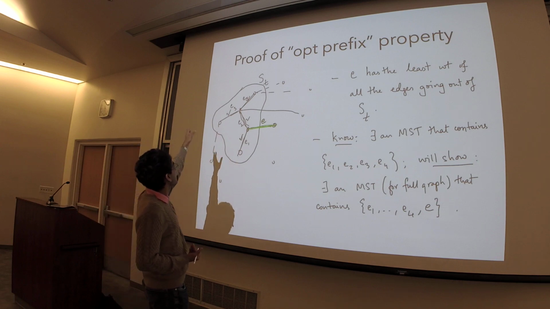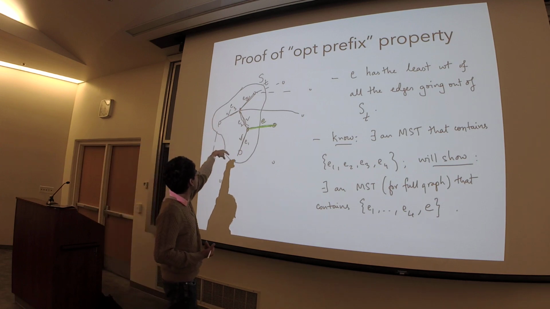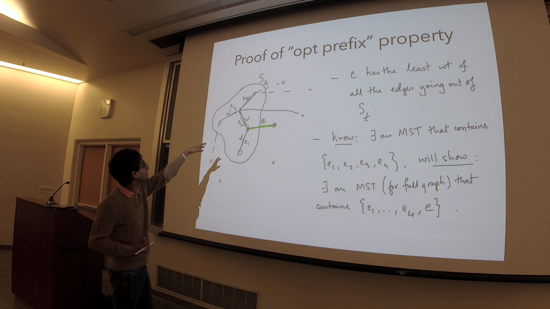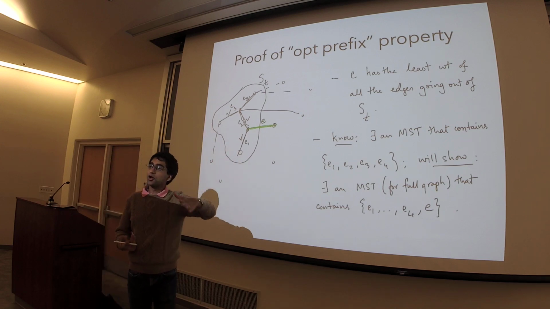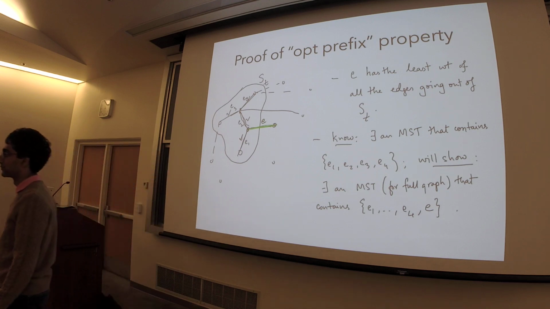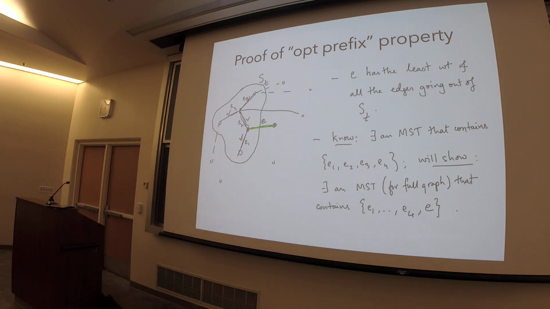So let's assume that we take any minimum spanning tree that contains E1, E2, E3, E4, and suppose it does not contain E. Okay.